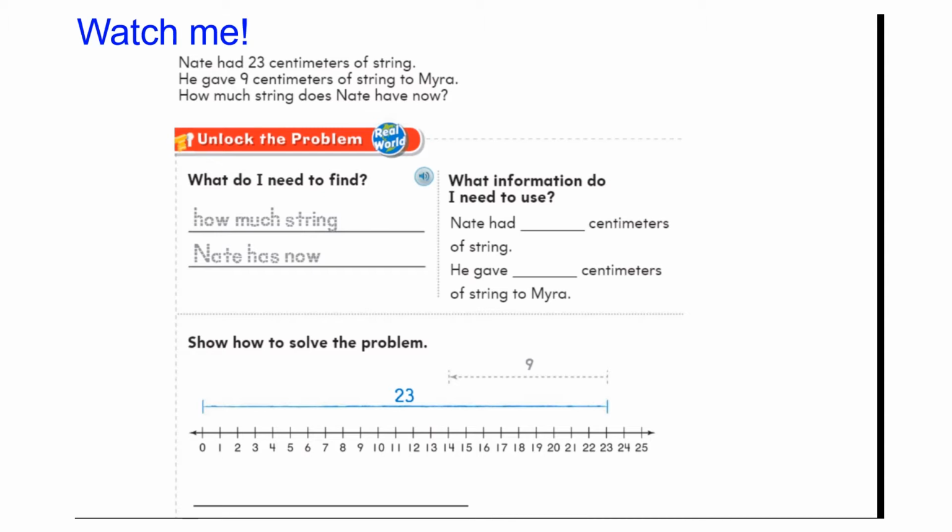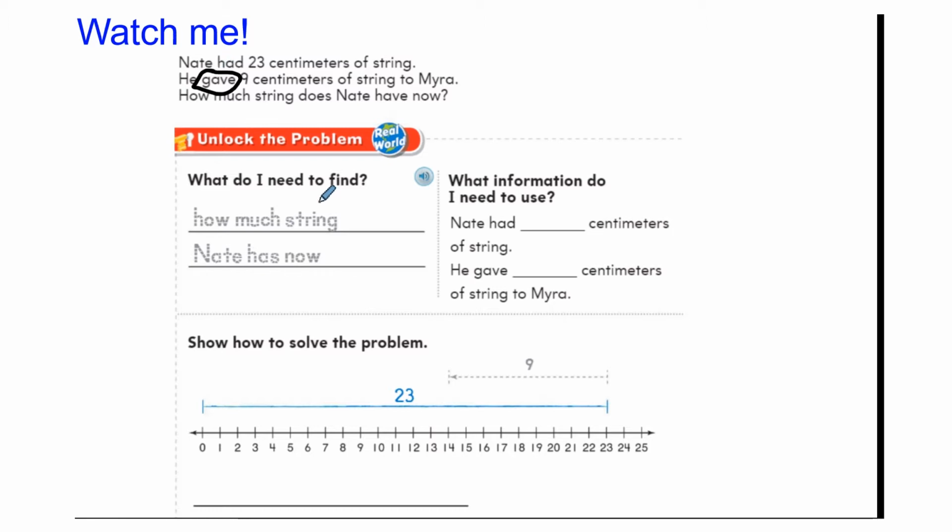Okay, so Nate had 23 centimeters of string and he gave 9 centimeters of string to Myra. How much string does Nate have now? Well, this word right here is super important and it tells us that we have to subtract. He gave 9 centimeters of string to Myra, okay?